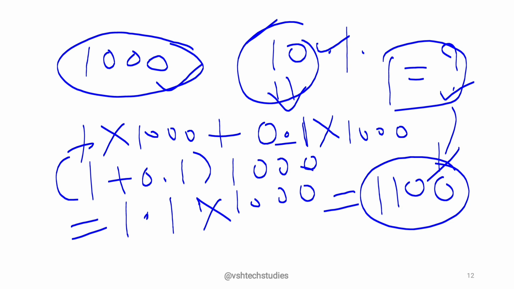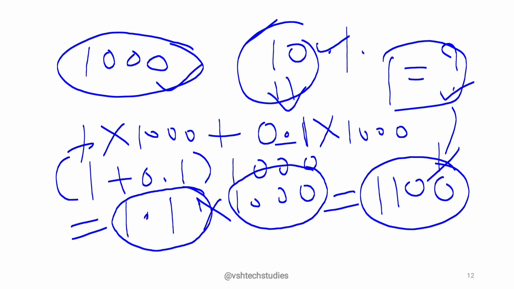So the original value can be directly multiplied by 1.1. 0.1 is the 10% increment, and 1 gives the original value. So 1 into 1000 is the original value, and 0.1 into 1000 is the increased value, that is 100. So 1000 plus 100 is 1100.